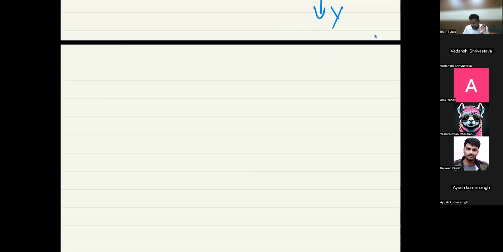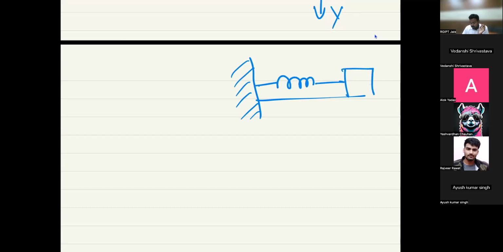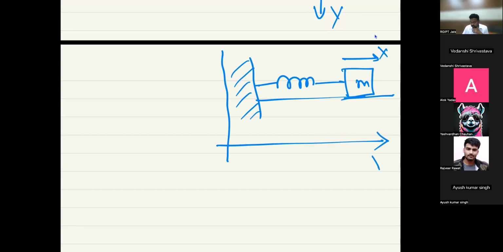I can give you another example. Let's say you have one spring attached, and a mass m is attached to the spring. This mass can move along the x direction. Now you can set up an xy coordinate system here and specify the position of this mass in terms of x and y coordinates, taking the mass as moving along the x direction, and then solve the problem.